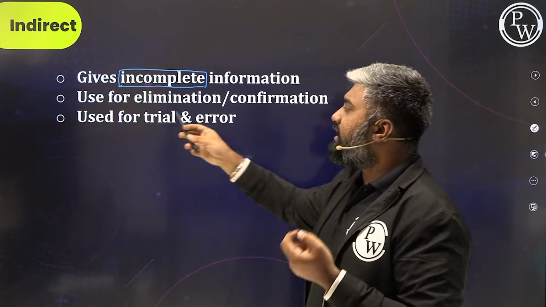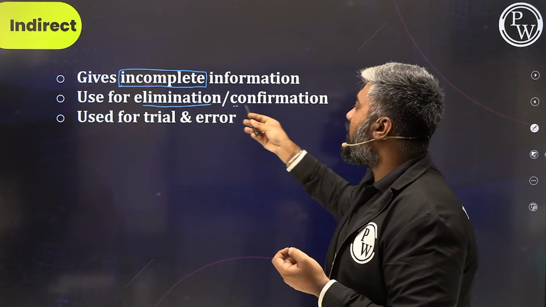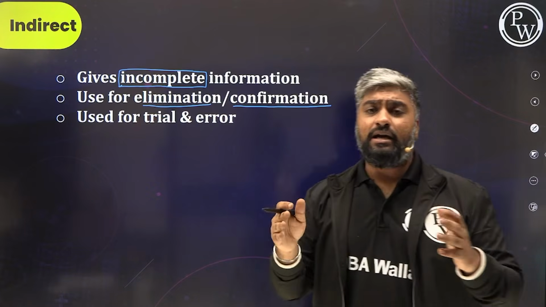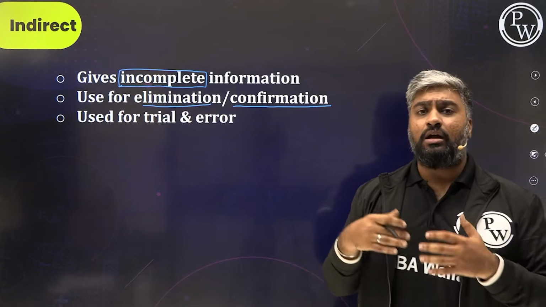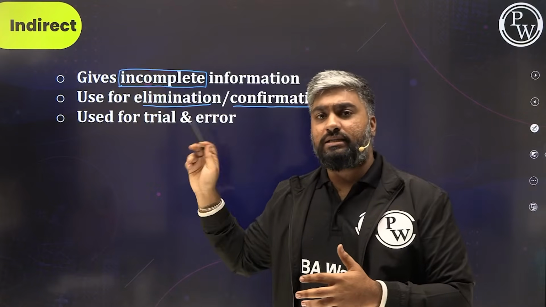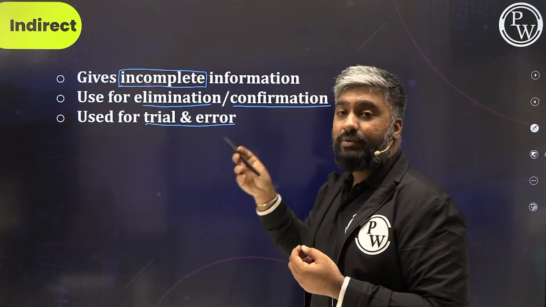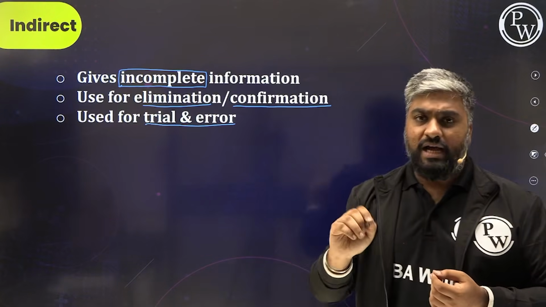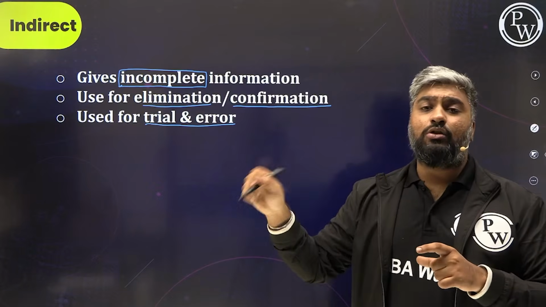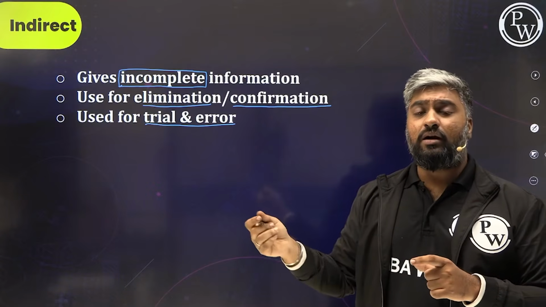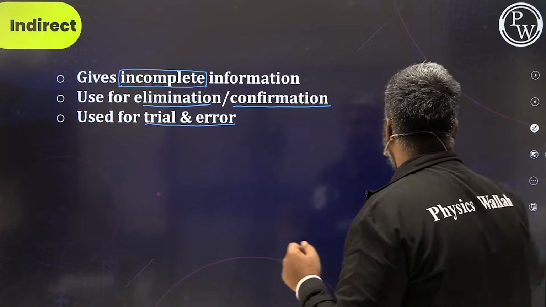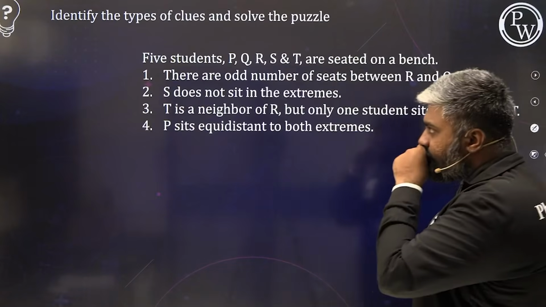So these are used for elimination or for confirmation. Eliminating a case, a condition, or confirming on it, you can use these indirect clues, and they are usually used for trial and error purposes. You try a particular thing, you check with those indirect clues and figure out whether it matches or not. So let's quickly move to the example.